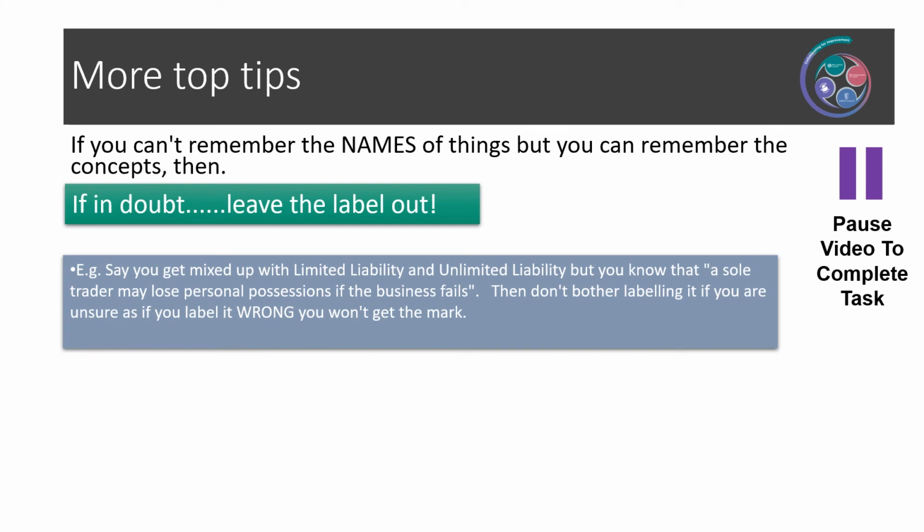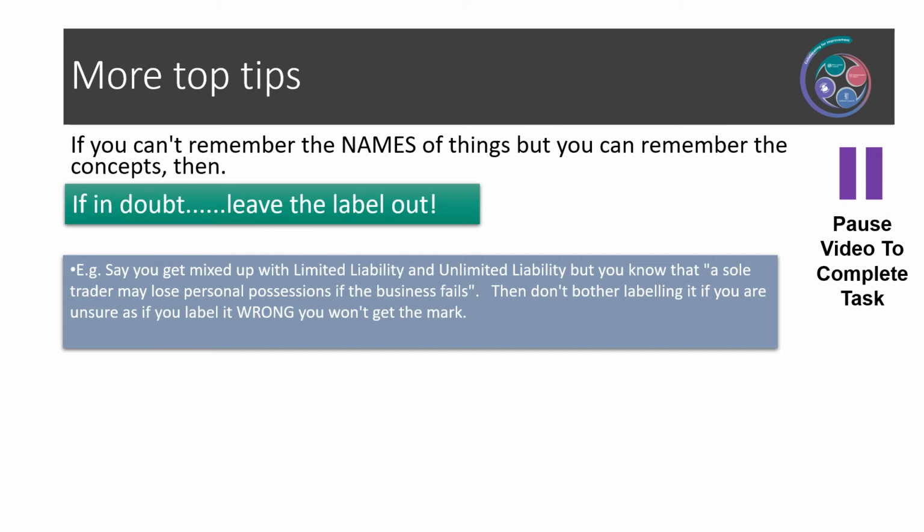So to give you an example about that, say that you get mixed up between limited liability and unlimited liability, right? But you can describe the terms. So if you know that a sole trader may lose the personal possessions if the business fails, then just put that. Don't bother labeling it if you're unsure. Just put that description and you would get the marks for that.